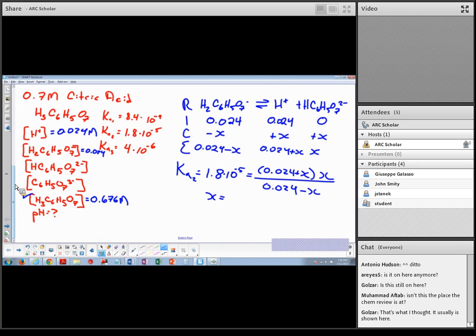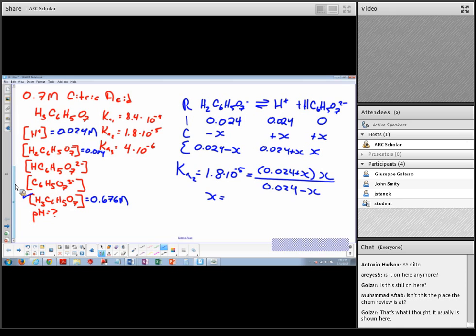So if we do that, what's the x value here? Ka2. Because you can cancel out the 0.024s. If we ignore the plus x and minus x, you're going to have 0.024 x over 0.024.